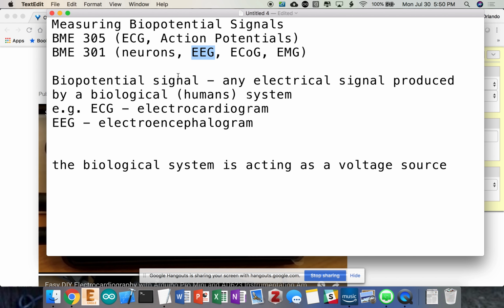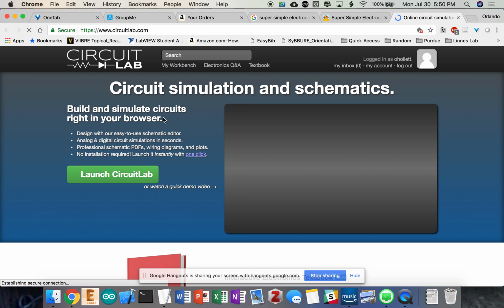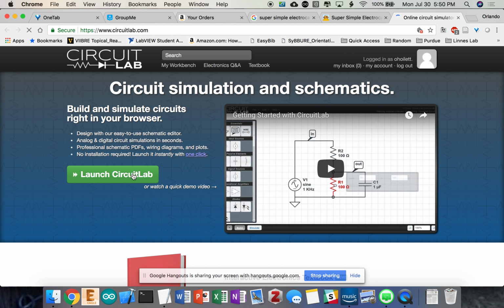So anyway, the biological system is essentially acting as a voltage source. So if we go back to my circuit simulator here, imagine the biological system acting like a battery, for example.